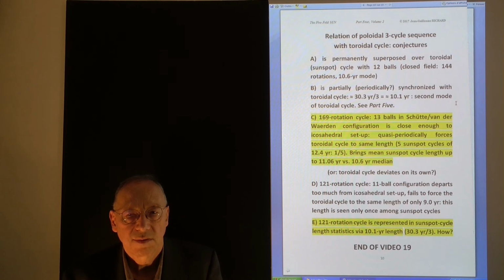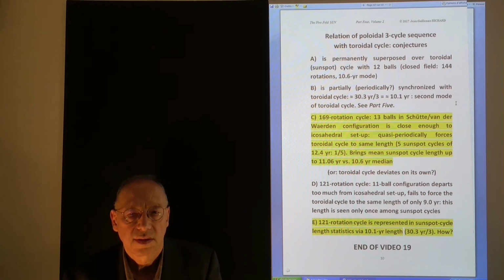We have 5 sunspot cycles of 12.4 years, i.e. 1 in 5 in the sunspot record. This would be the reason why we have a mean sunspot cycle length which is larger than its median, because of the weight of these 5 long cycles.